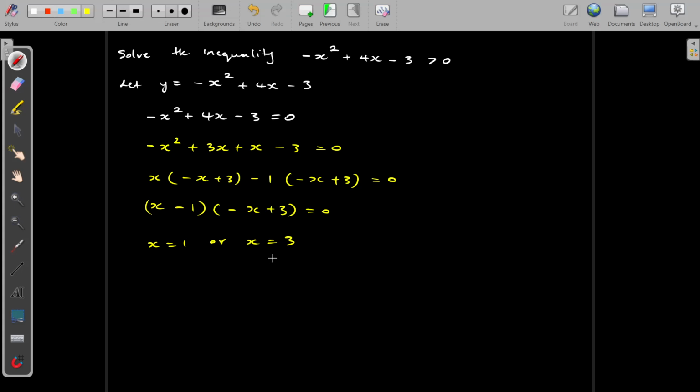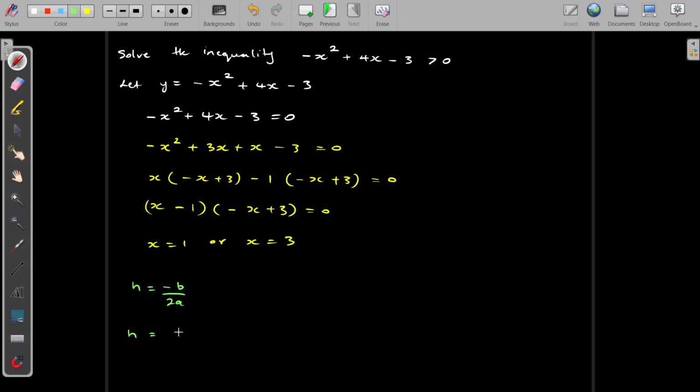And seeing that this is a frowning graph, we're going to have a maximum point. So we can find h by saying negative b over 2a, so that's positive 2.